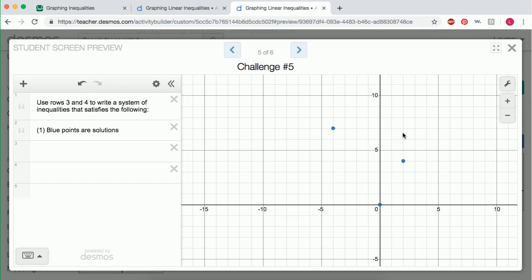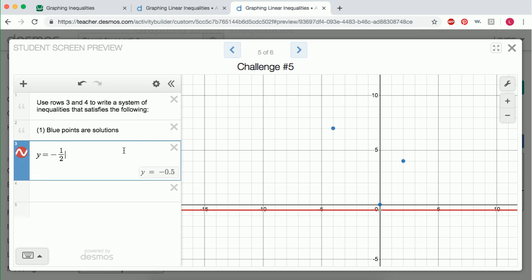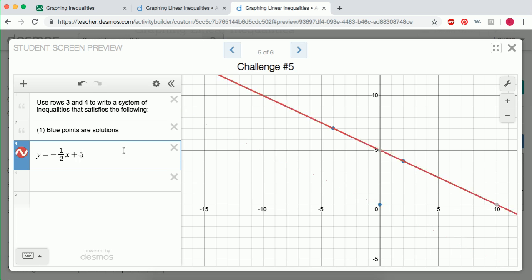So 1, 2, 3, and then we're going to the left, so it's going to be negative 1, 2, 3, 4, 5, 6. So 3 over negative 6 is negative 1/2 x, and we can see that the line will go through positive 5. So we have y equals negative 1/2 x plus 5.